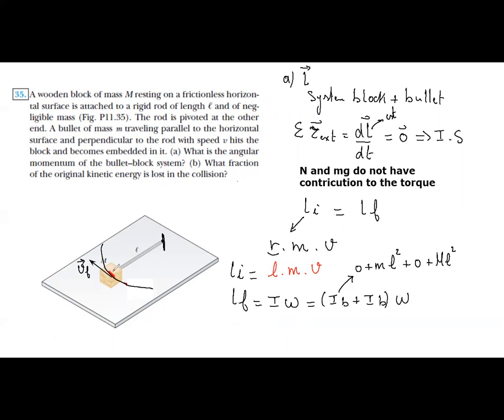The distance between the center of mass of the bullet and the axis, and of the box and the axis, is equal to L. Finally we get m L squared plus m L squared times omega. This is L final.